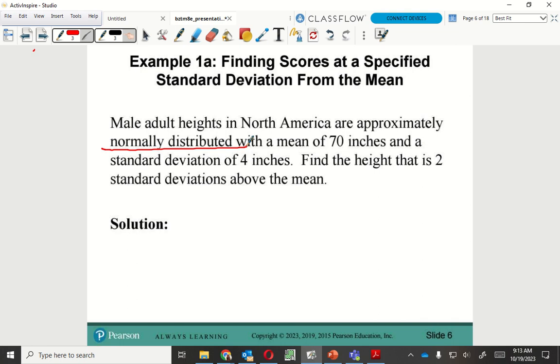Now, if the mean is 70 inches, the mean goes right in the middle, right? Standard deviation is 4 inches. What did I say a deviation does?